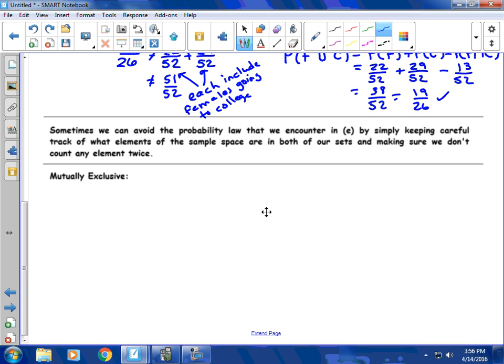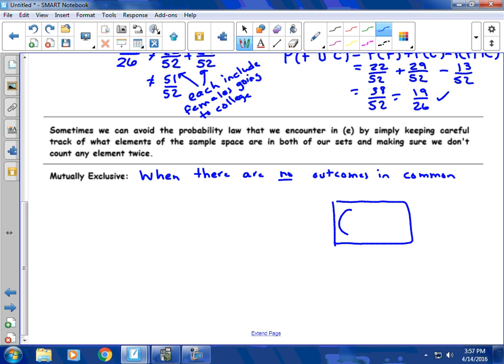All right. But there's always this extra piece, mutually exclusive. And that means when there are no outcomes in common. So essentially, if I'm looking at a Venn diagram and I've got A and B, there's no overlap.